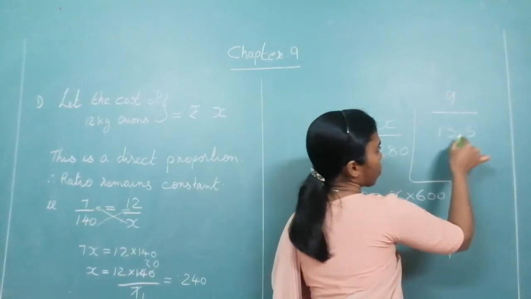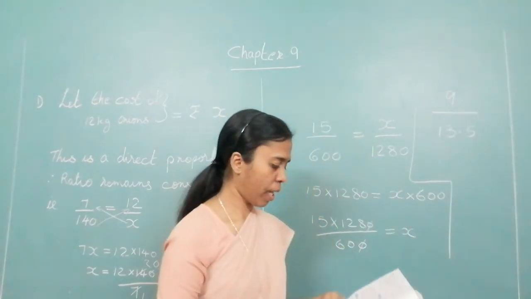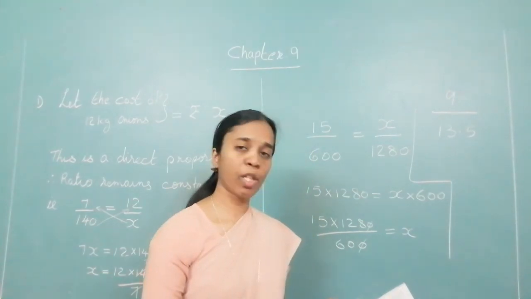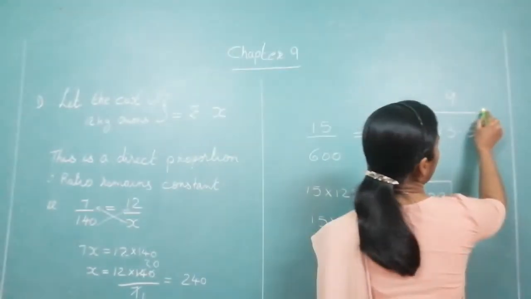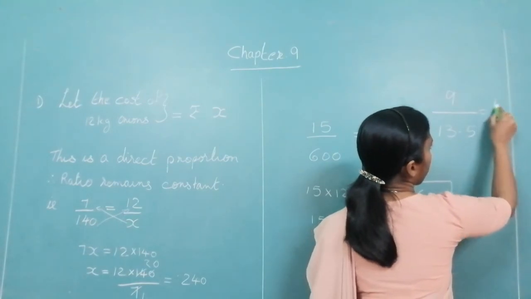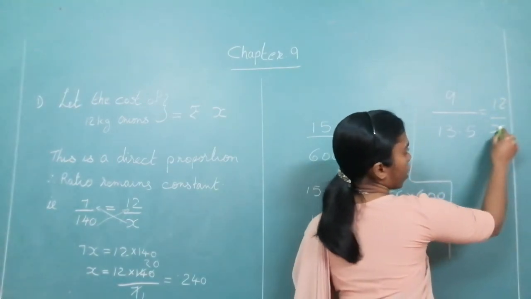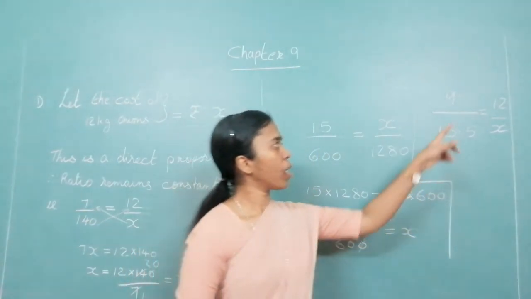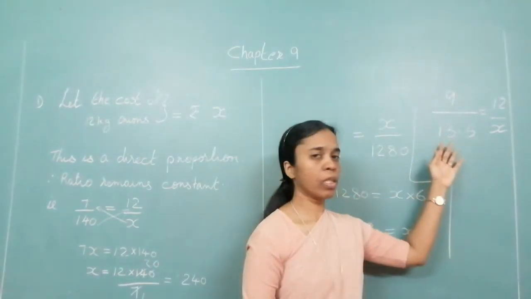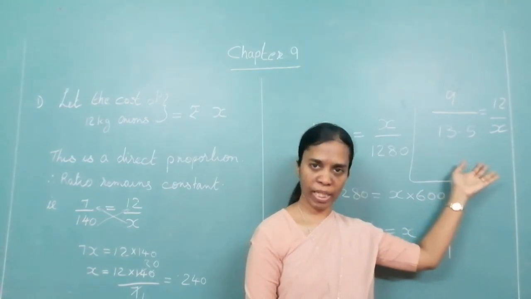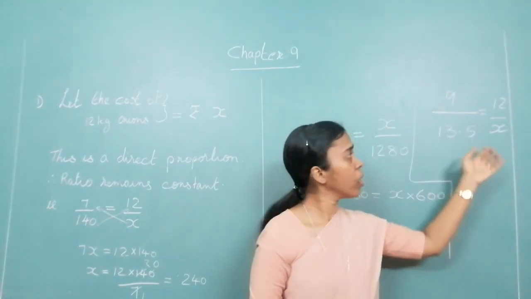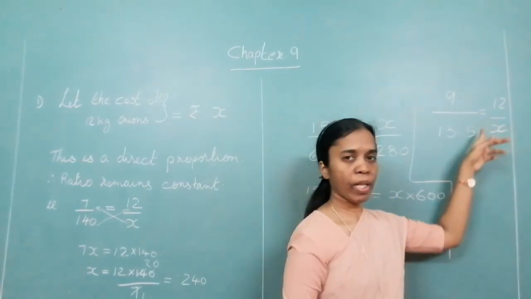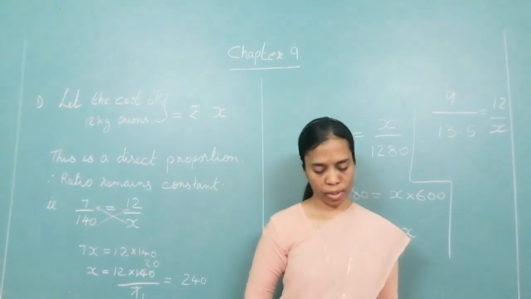So 9 cows require 13.5 kg, that is 13 and a half, and 12 cows require X. These will be the ratios. Now you cross multiply and you get the answer.